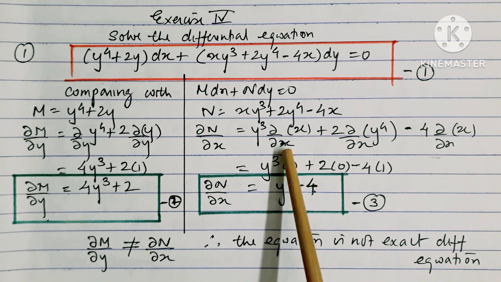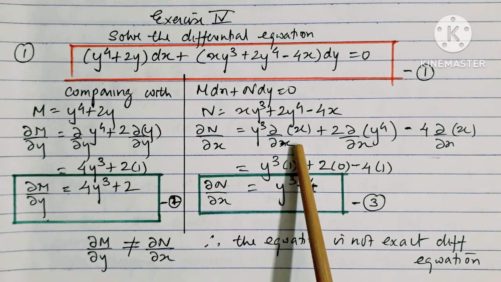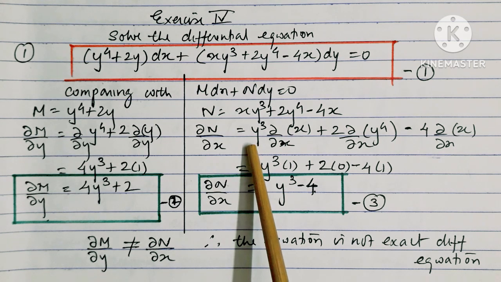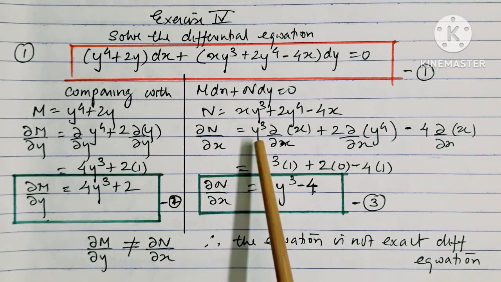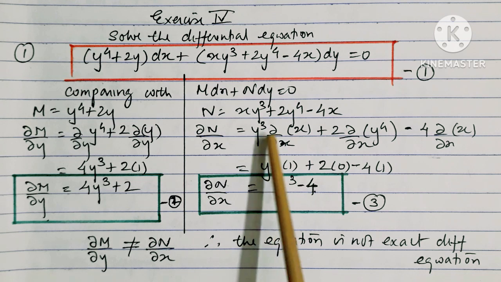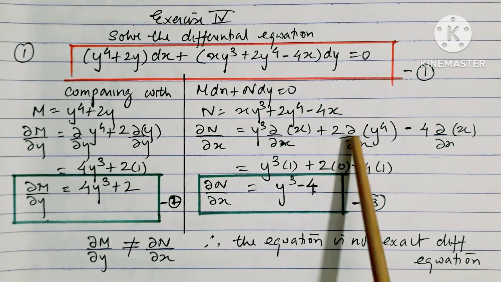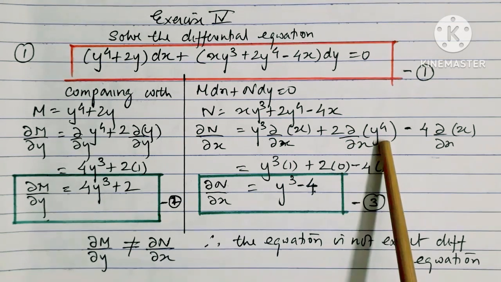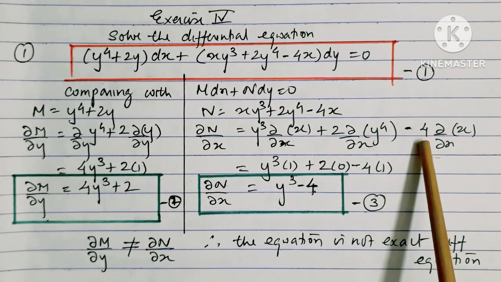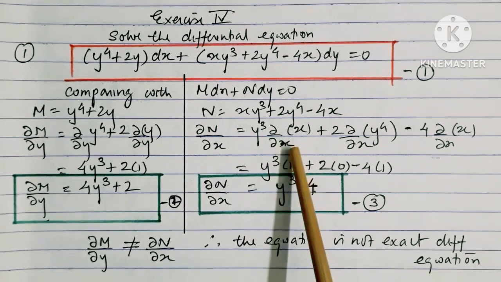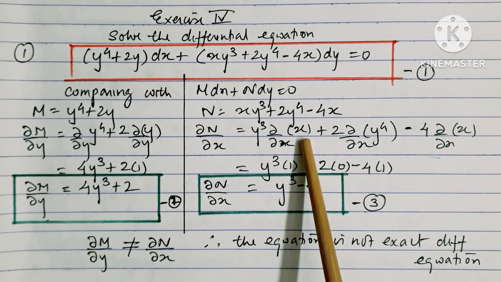Now whenever we are differentiating partially with respect to x, we will be treating y as a constant. Therefore y^3 comes out. So this would be equal to y^3 del by del x of x + 2 del by del x of y^4 - 4 del by del x of x.